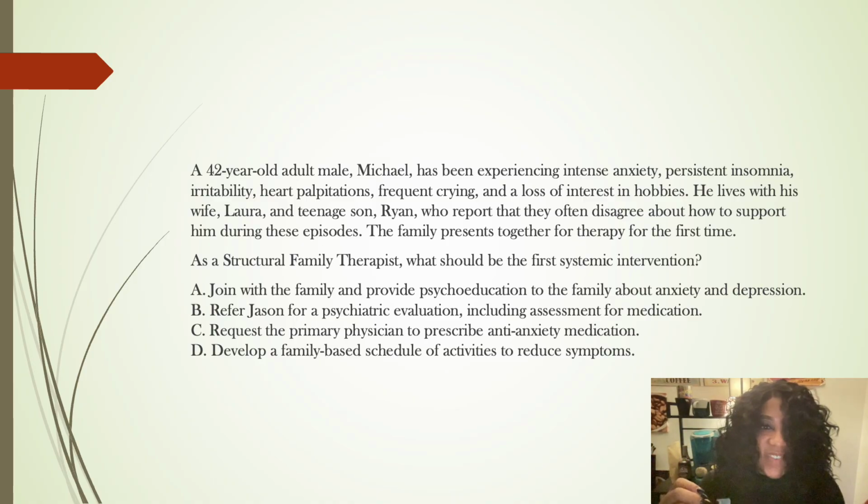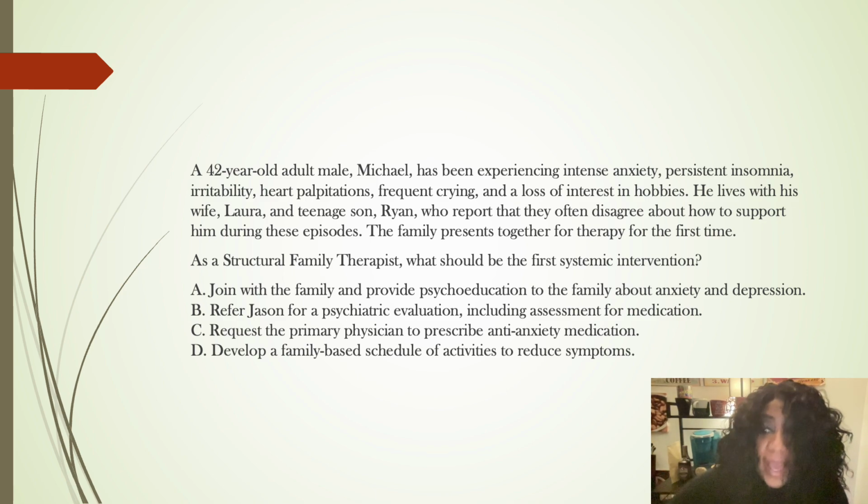All right, let's take a look at this one. A 42-year-old male, Michael, has been experiencing some intense anxiety, persistent insomnia, irritability, heart palpitations, frequent crying, loss of interest in his hobbies. He's got a lot going on here, right? He lives with his wife, Laura, and his teenage son, Ryan, who report they often disagree about how to support him during these episodes. The family presents together for therapy for the very first time.